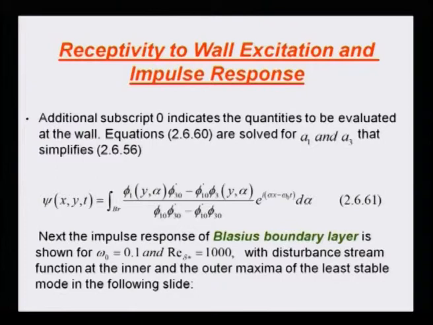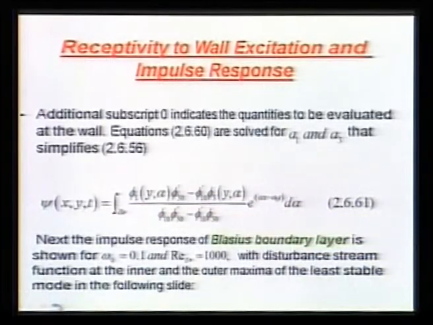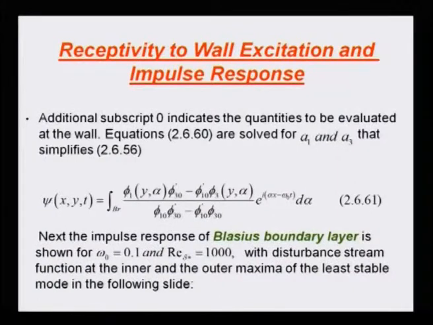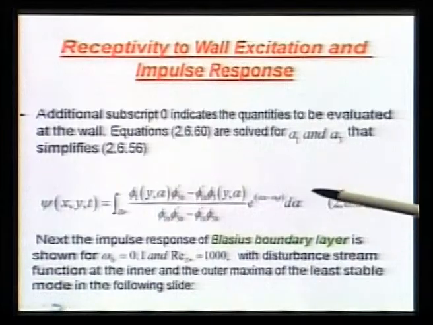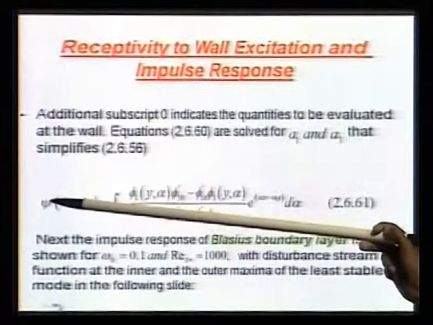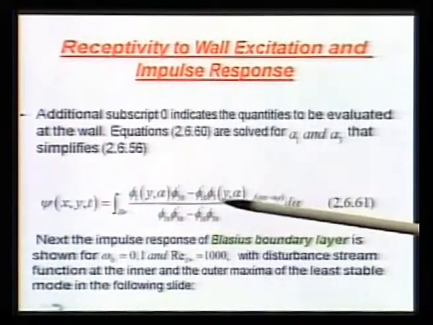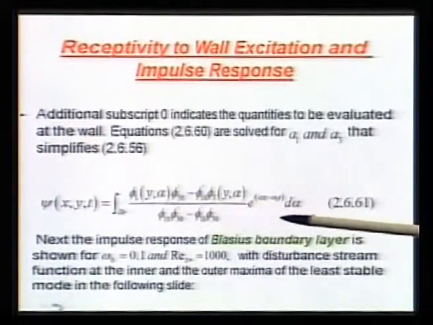Now, what have we done here? Instead of writing V, I have written in terms of psi. It is the same thing. You can see the one-to-one correspondence between the V velocity and the psi component, because if I take psi like this, V will be what? Minus d psi dx. So, that will be simply nothing but i alpha multiplying this phi.